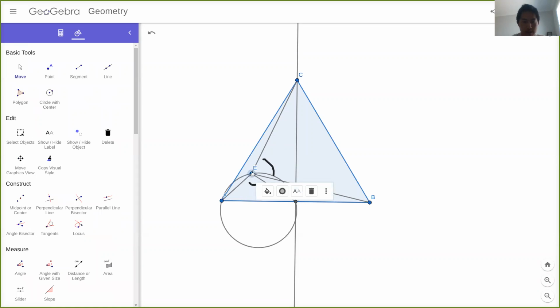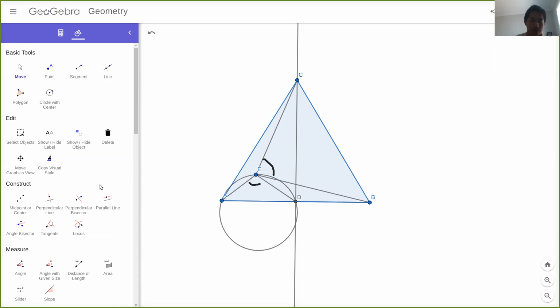If we draw this circle containing points E, A, and D, then we can figure out how angle AED relates to other angles because of the property of cyclic quadrilaterals.